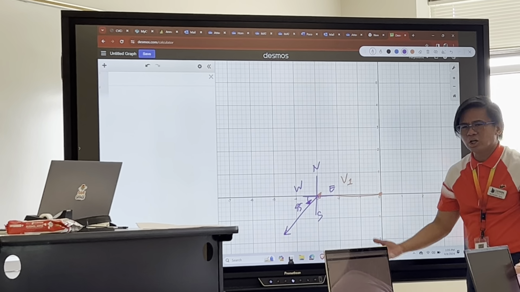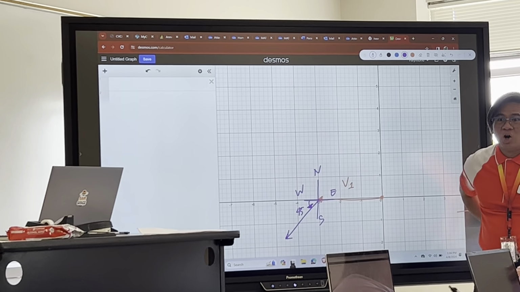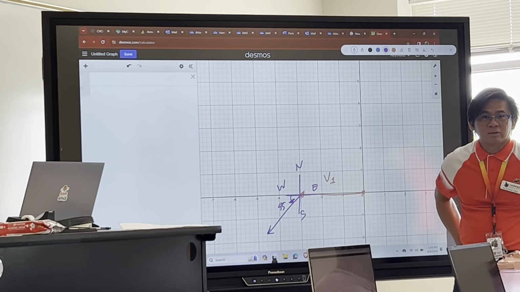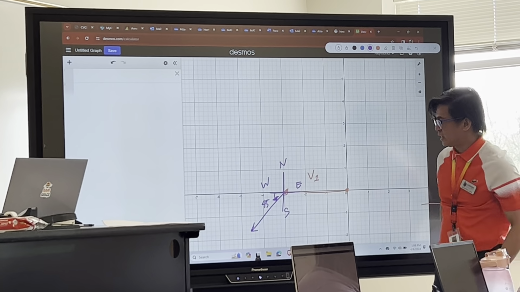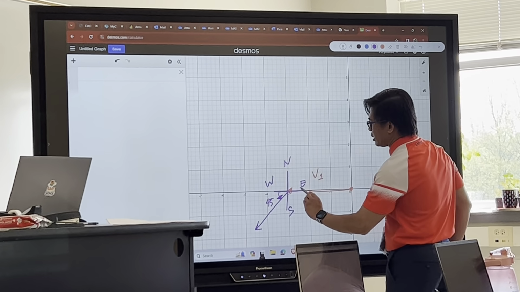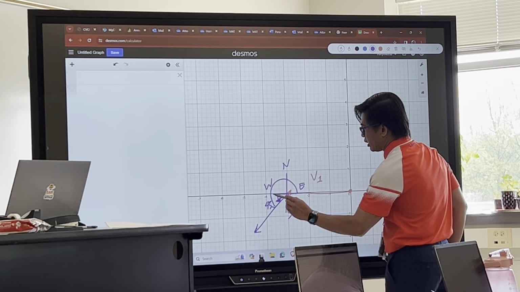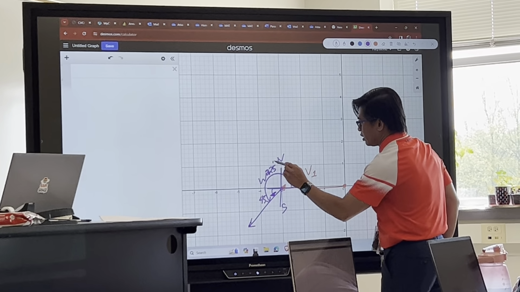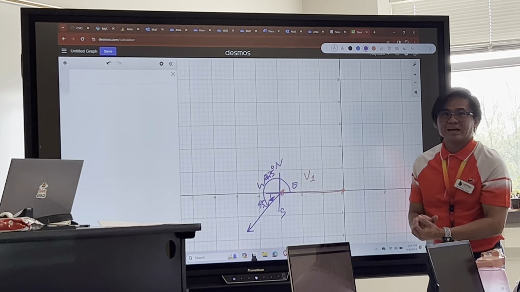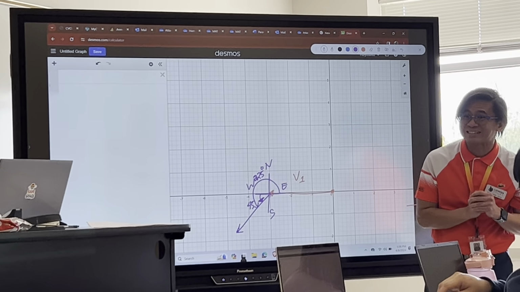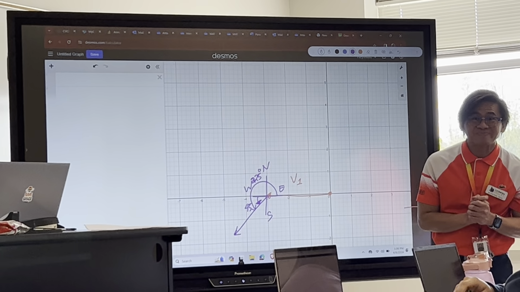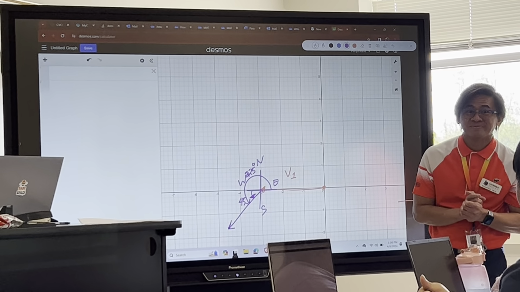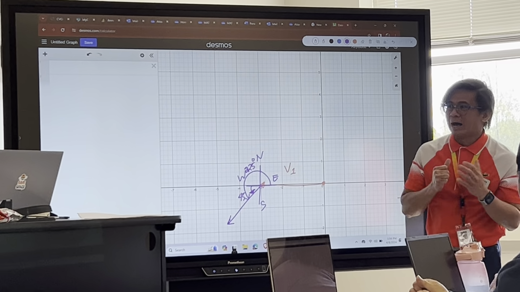So we can say 45 degrees on what quadrant? 3, right? So from here to here, that's gonna be 225 degrees, if you want to see it in that way. Get it? Okay, now, how do we do this?